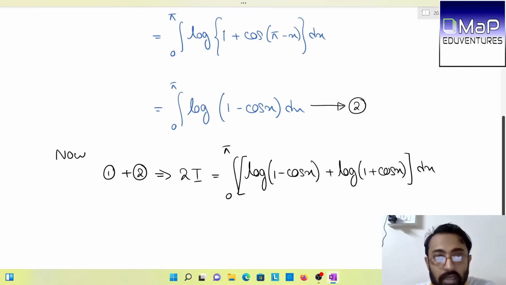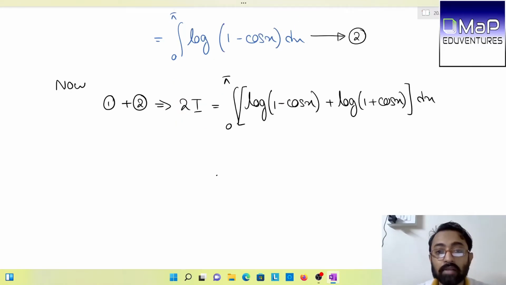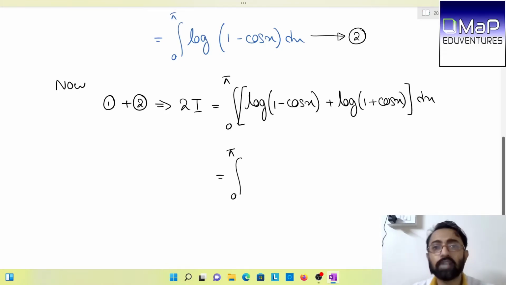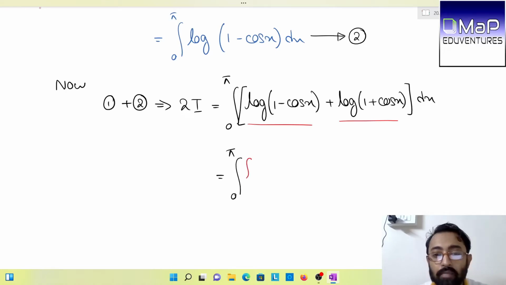Here there is no denominator. So what did we check? If you think a little further, you can go with definite integral and with practice you will get comfortable. Now we can use the property of log p plus log q, and after using that property we will get how much?